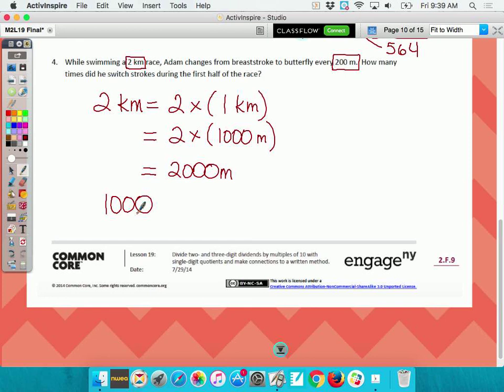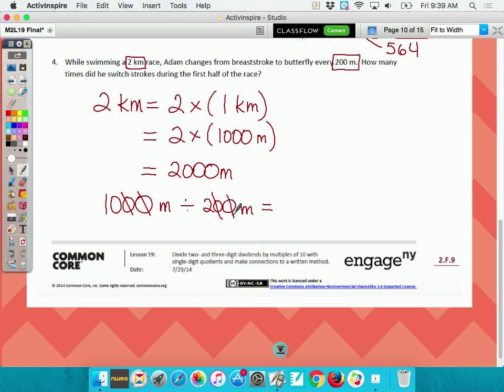So how do I figure out how many times he had to switch when he was swimming 1,000 meters? You think it's multiply or divide? Divide. You are so smart. What am I going to divide by? 200. Now, how many zeros would I cross off here? Write this down. 2. Very good.